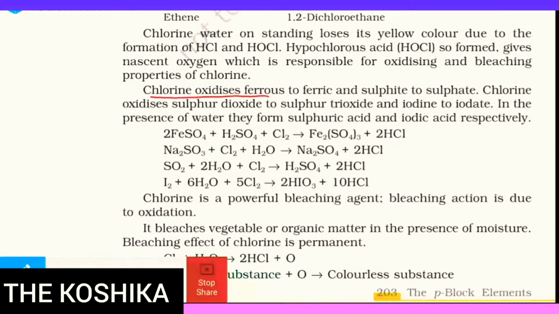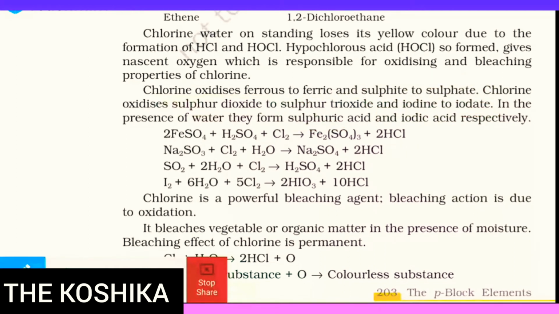Chlorine oxidizes ferrous to the ferric and sulfide to the sulfate. Chlorine oxidizes sulfur dioxide to trioxide and iodine to iodate. In the presence of water, they form sulfuric acid and iodic acid respectively.